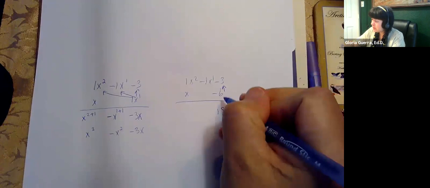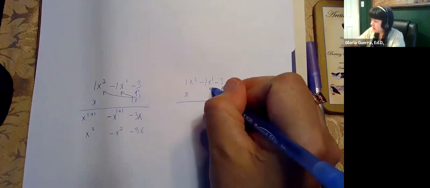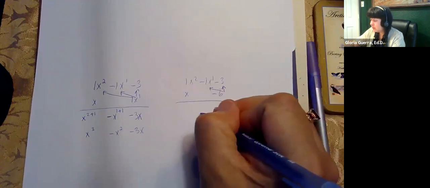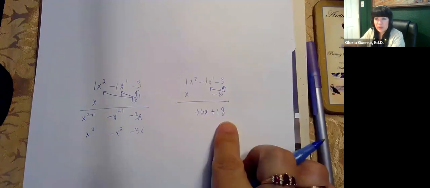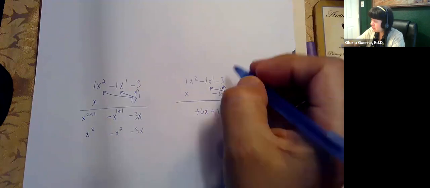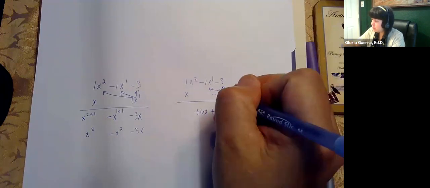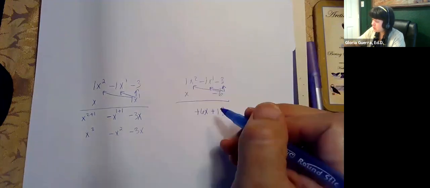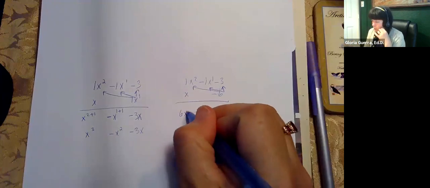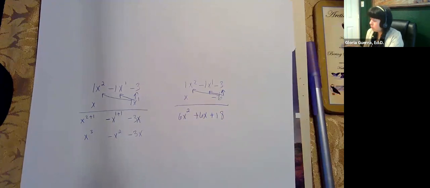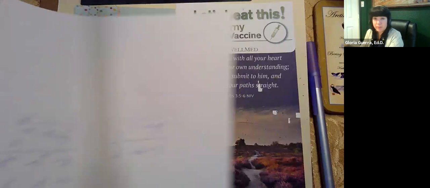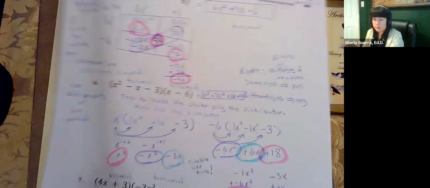Negative 6 times negative 1x is a positive 6x. You have to put your sign in between them, pluses or negatives. And then negative 6 times 1x squared is a positive 6x squared. Then you would just combine like terms, the way we were doing over here, to get that.